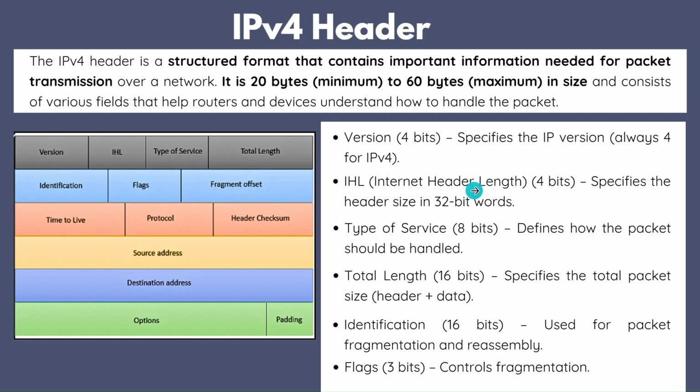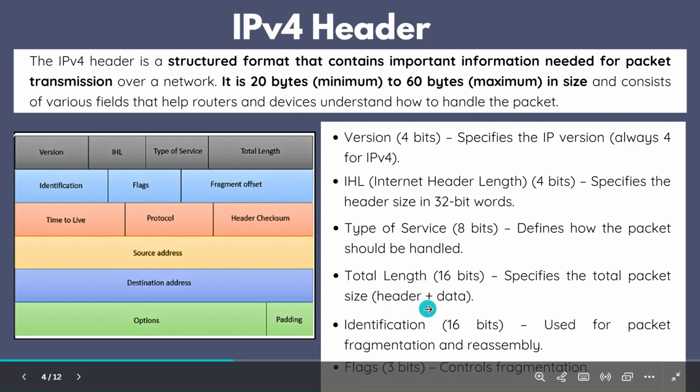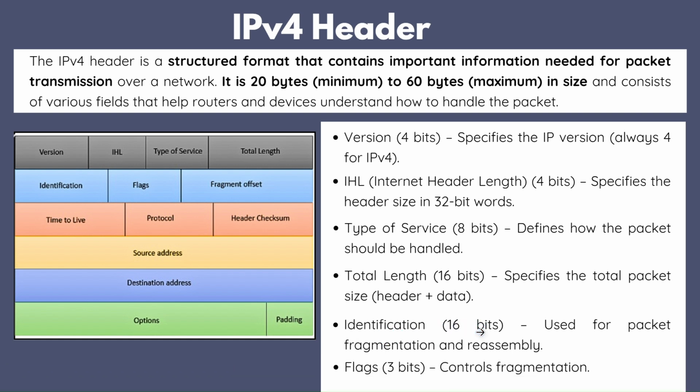Next is Type of Service, which is of 8 bits, defines how the packet should be handled. Next is Total Length, which is of 16 bits, specifies the total packet size, header plus data. Next is Identification, which is of 16 bits, used for packet fragmentation and reassembly.